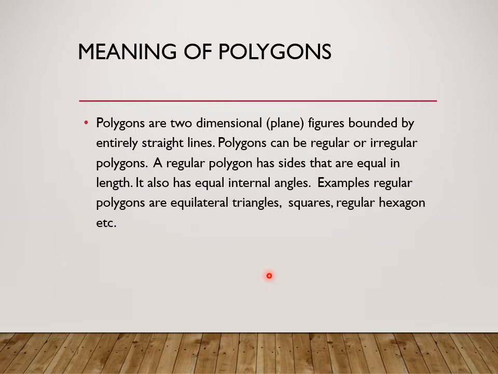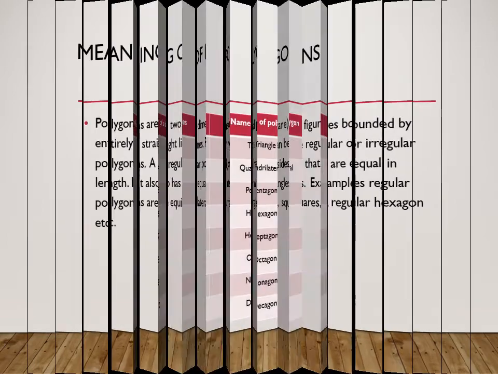And if the sides are equal in length, the internal angles will be the same. Examples of regular polygons will be an equilateral triangle, a square, and a regular hexagon. We are going to learn more in the next slide.